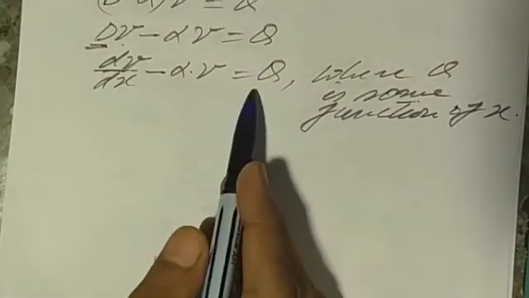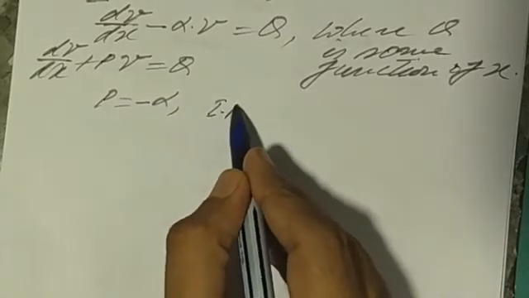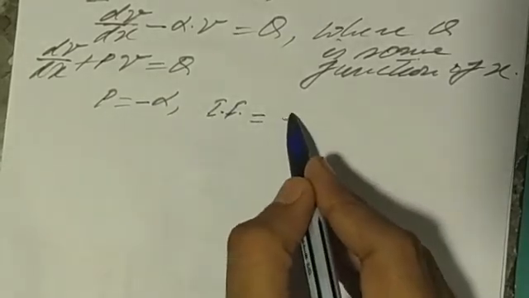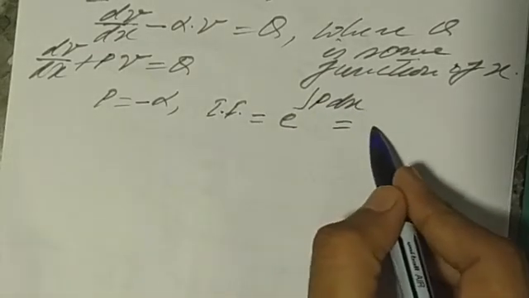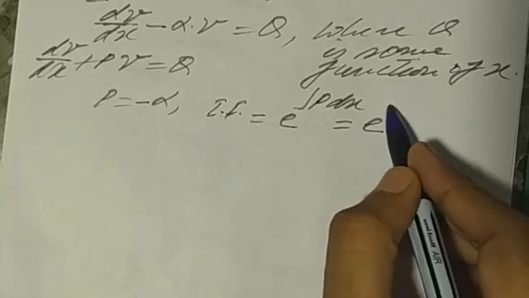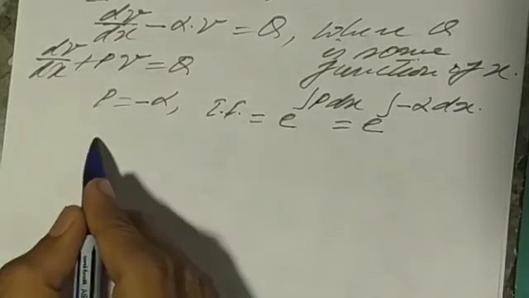Clearly this is a linear differential equation in v and x, so we need to compare it with the standard form dv upon dx plus P v is equal to Q. P is equal to minus alpha, so integrating factor is equal to e raised to the power integral P dx, that is e raised to the power integral minus alpha dx.